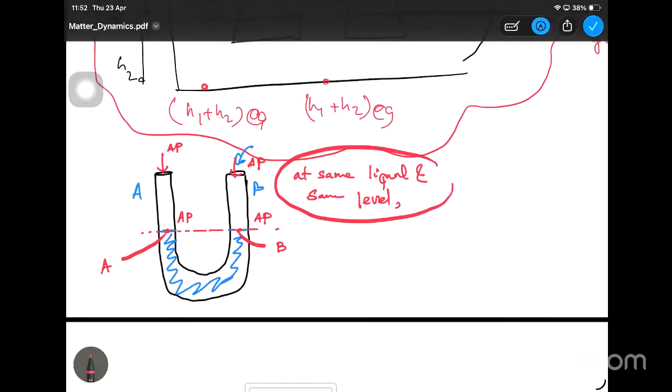This is the most important part. It must be the same liquid and also must be at the same level. Same liquid, same level. Therefore we can say PA will be equal to PB. PA will be atmospheric pressure, and PB will also be atmospheric pressure. So that's why you are having this sort of liquid levels.